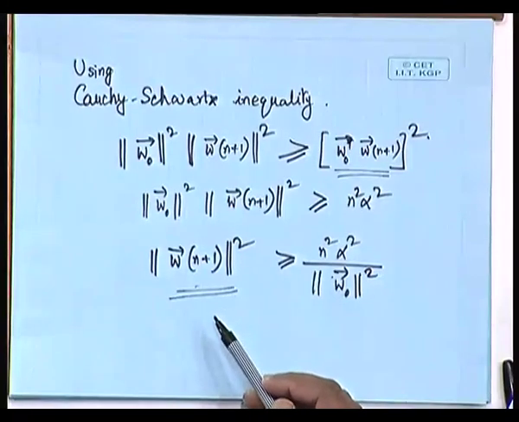So, this is what we have got as a bound for Wn plus 1, because ultimately that is what we are looking for, isn't it, what is going to be the bound on this Wn plus 1. And just see, it is going to suggest something very alarming.